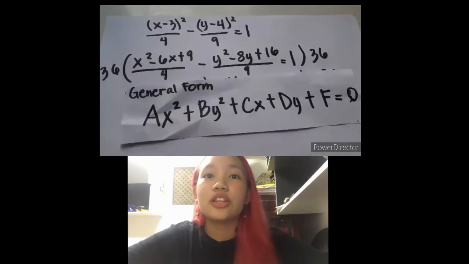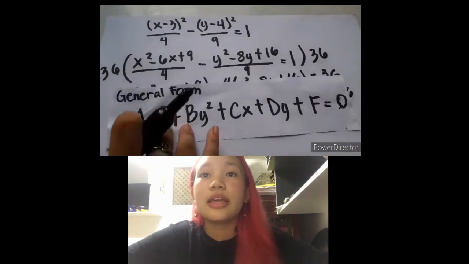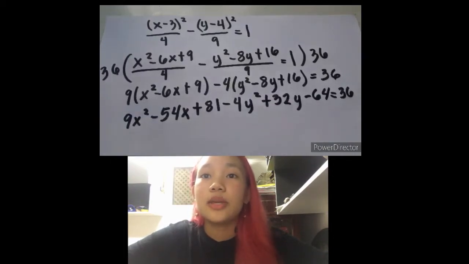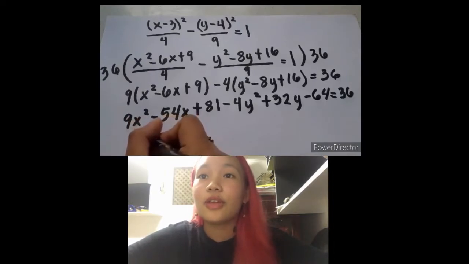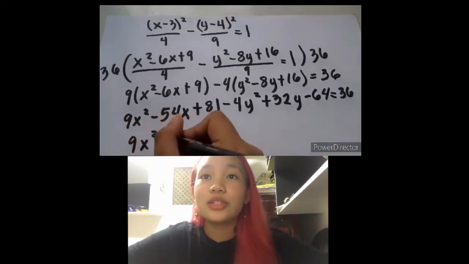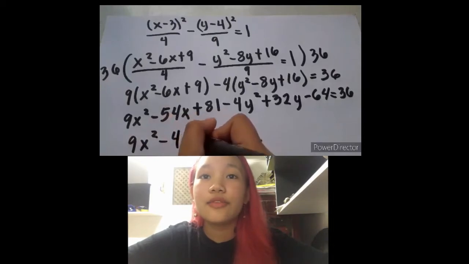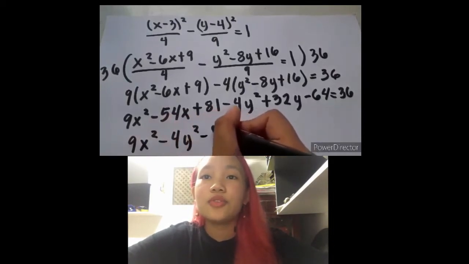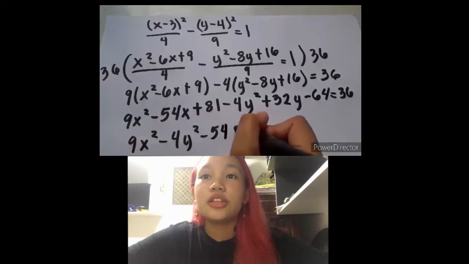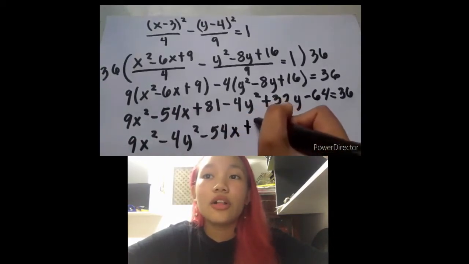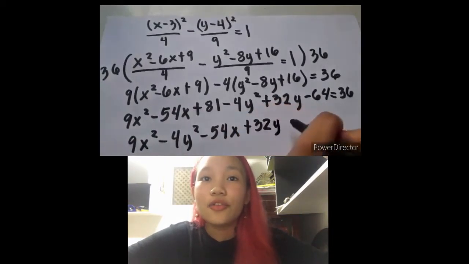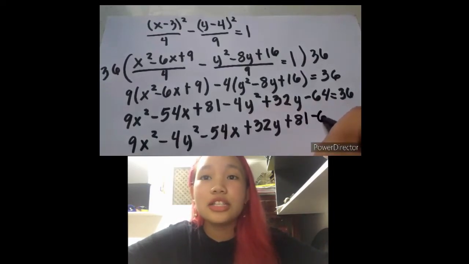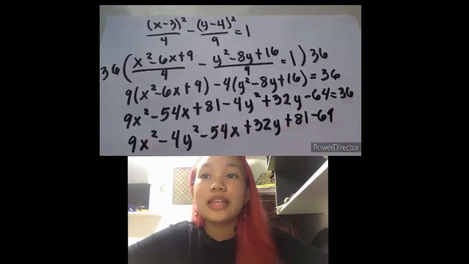So let us use the general form ax squared plus by squared plus cx plus dy plus f equals 0. We have 9x squared, then negative 4y squared, then minus 54x plus 32y, and then we add all the constants, that is plus 81 minus 64. Transfer the 36 to the left side, that becomes negative 36, and equate that to 0.